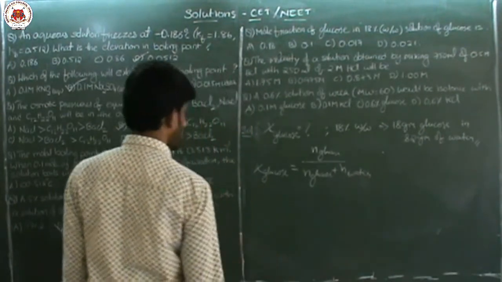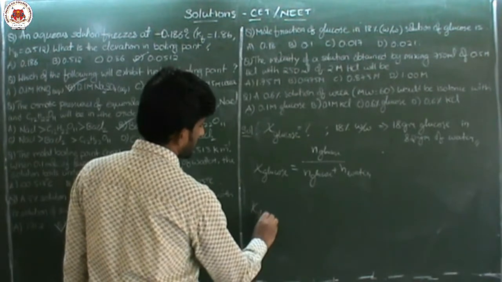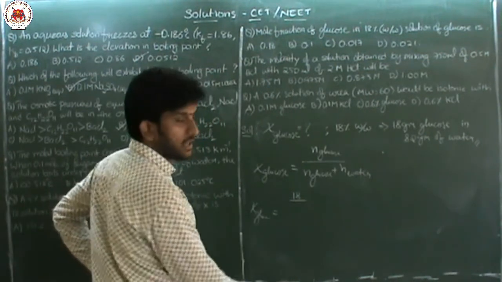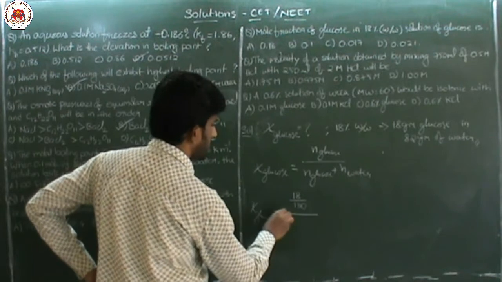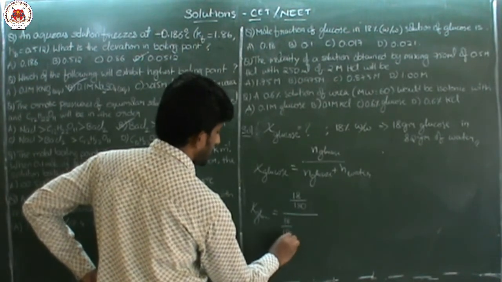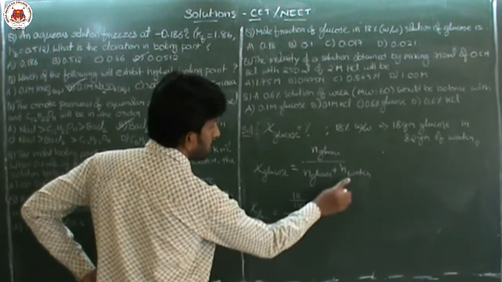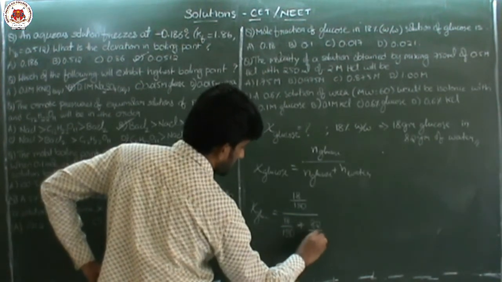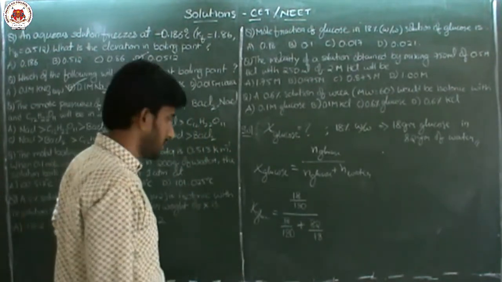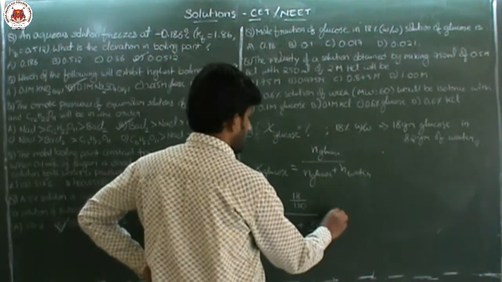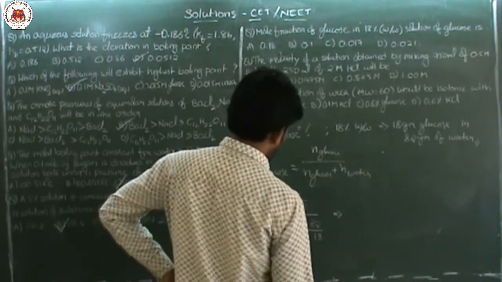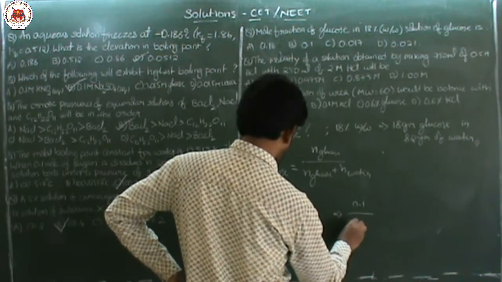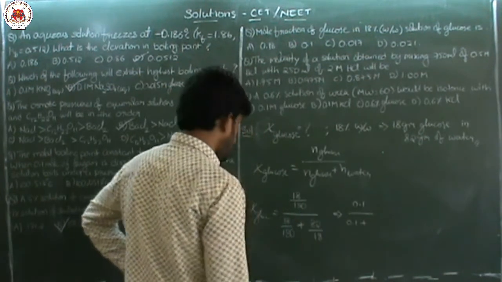The number of moles of glucose is weight by molecular weight: 18 divided by 180, which is 0.1. The number of moles of water is weight of water by molecular weight, that means 82 divided by 18.